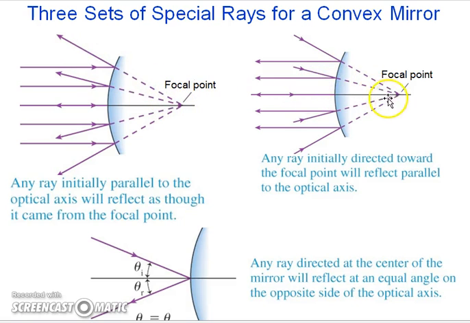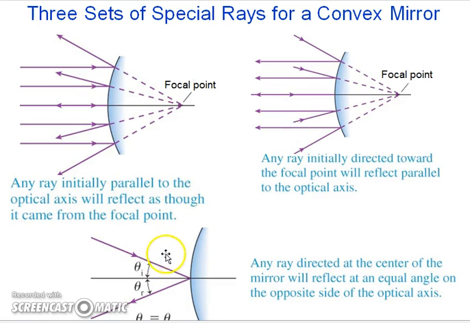In other words, if this mirror was not there, these rays would have focused at that point. So these rays are directed towards the focal point, converging to the common point. Then rays directed through the focal point, after reflection, will be parallel to the optical or principal axis.